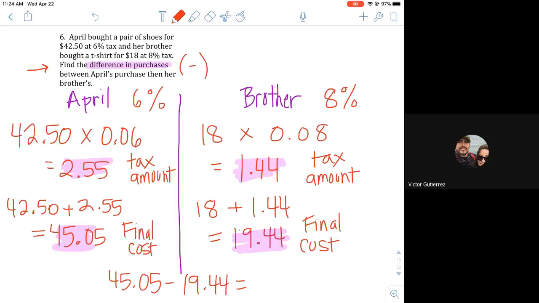And then 25.61, yep. So if you were to answer this question, it would be something like: April spent $25.61 more than her brother.